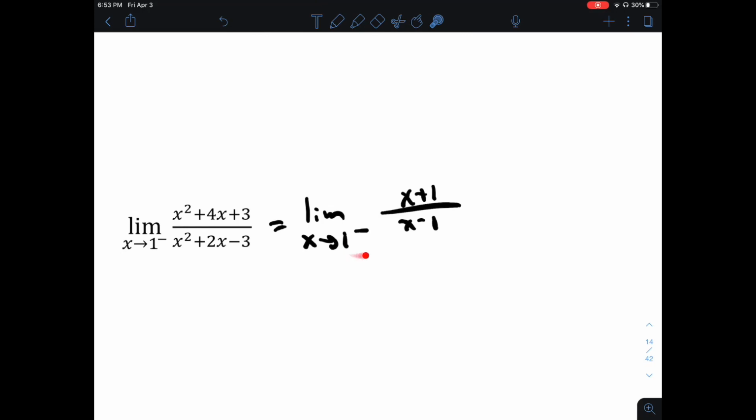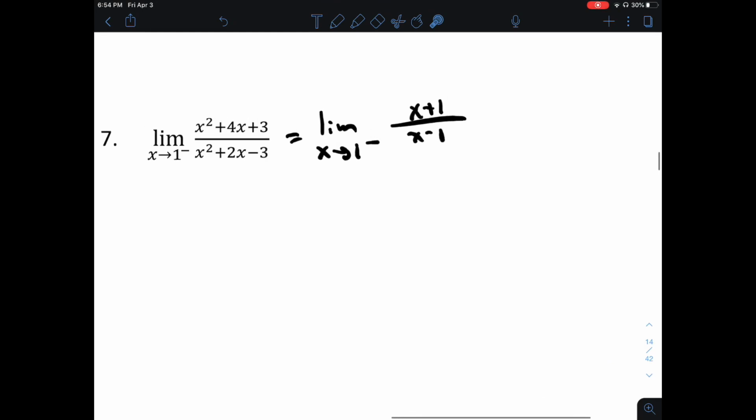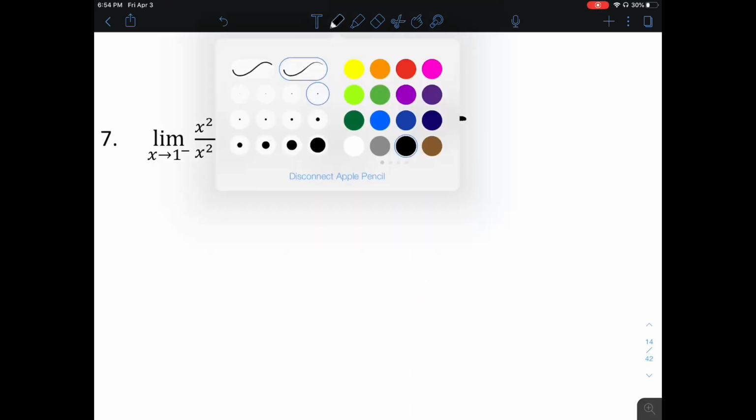Now the problem here is if we try to use substitution into this, this is going to be 0 still. So what do we do? Now if you look at the graph, we know what's happening. There's a vertical asymptote. But without the graph, would we know if we're approaching from the left, is it going to be going down or is it going to be going up?